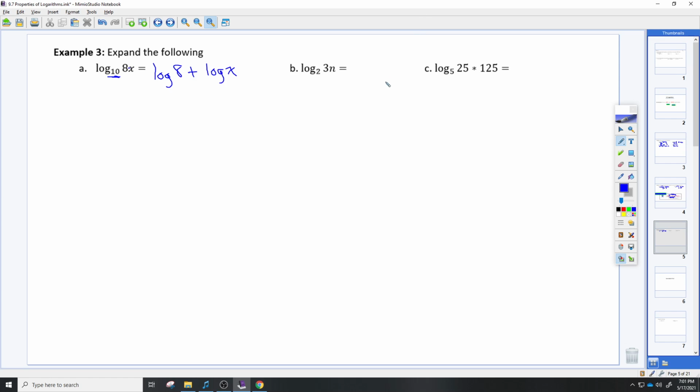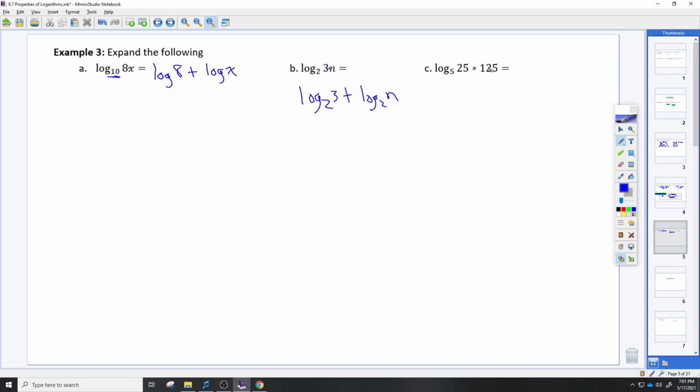Now it's expanded. All right, part B, we have log base 2 of 3n. Here we do have to write the base. So log base 2 of 3 plus log base 2 of n. It's that simple. You have to remember to write log plus the same base.